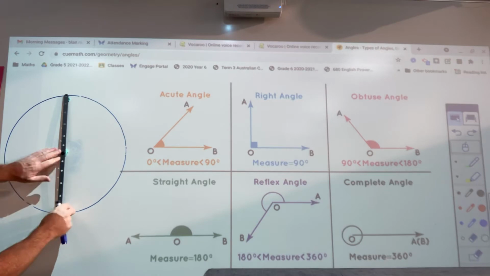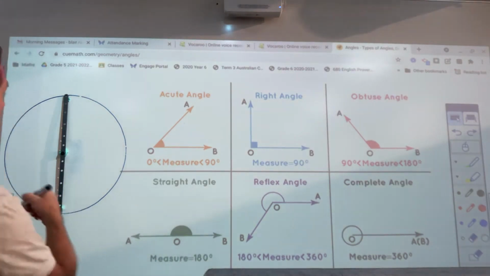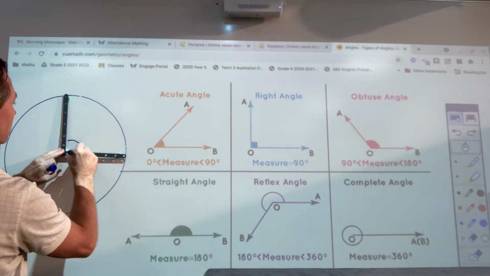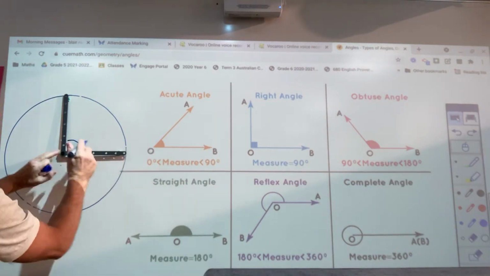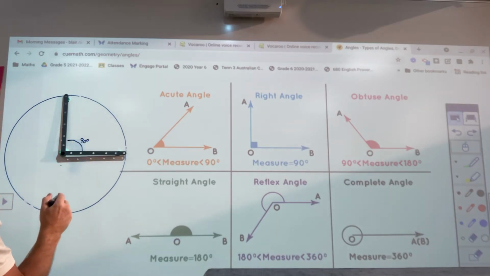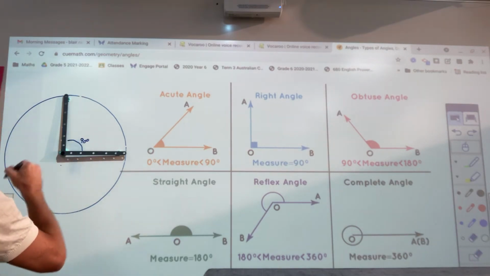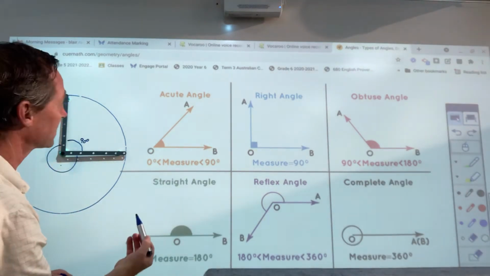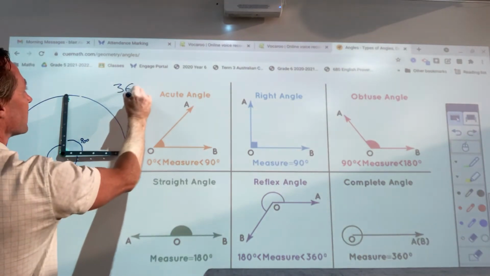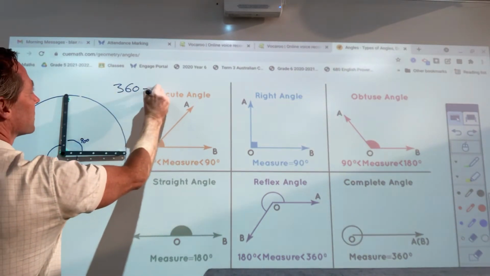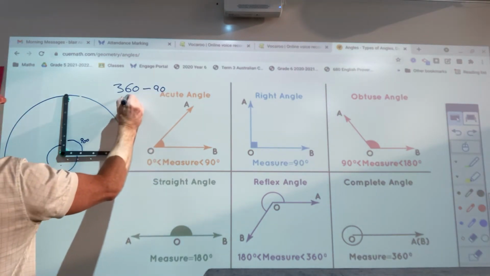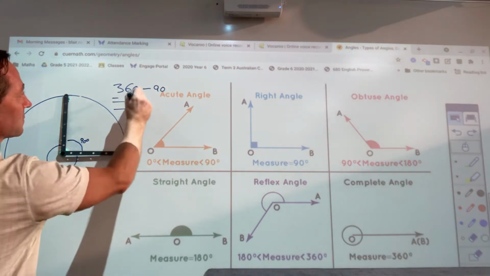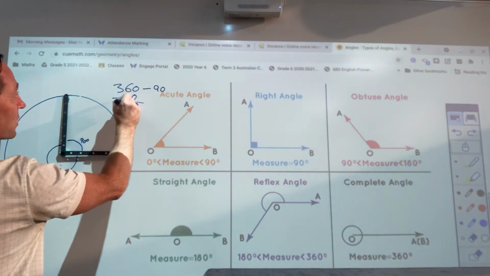From a straight line, which is here, normally you'd see little things like this. I want you to measure this angle. If this was 90 degrees, then this other angle here must be 270, because 360 minus 90, and I know most of you would set it out underneath, and you'd work that one out. 0 minus 0, 0. 6 minus 9, can't do.